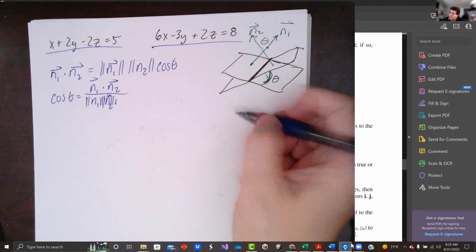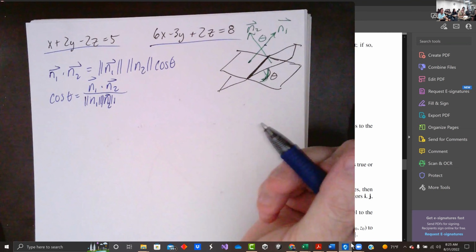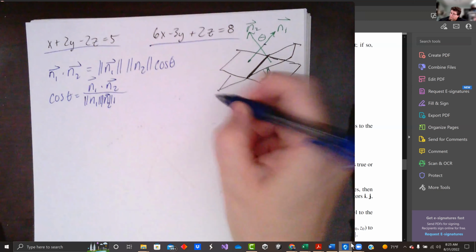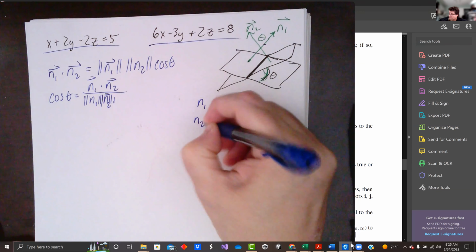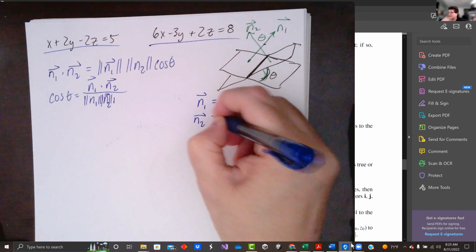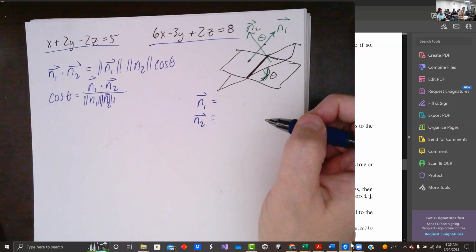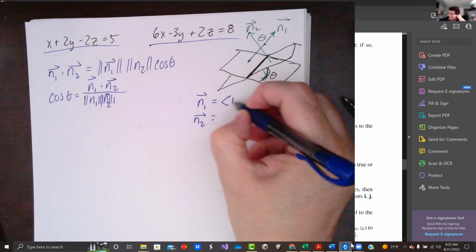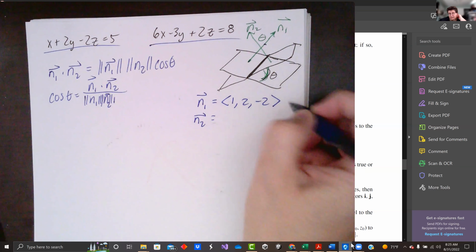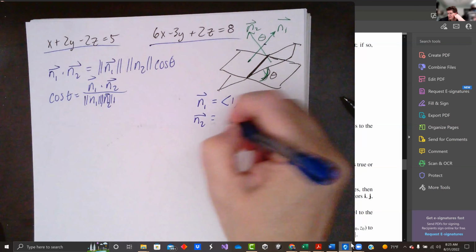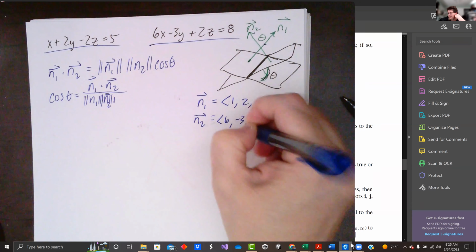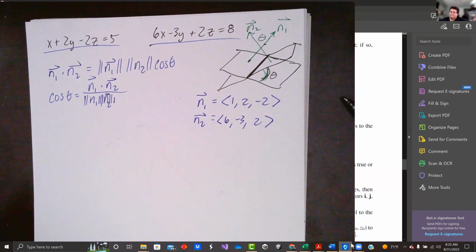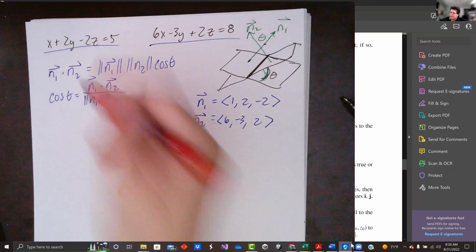So what's n1 and n2? We need that, don't we? 1, 2, and -2 is one of them. 6, -3, and 2 is the other. Where did you get those from? From the coefficients on the planar equation.